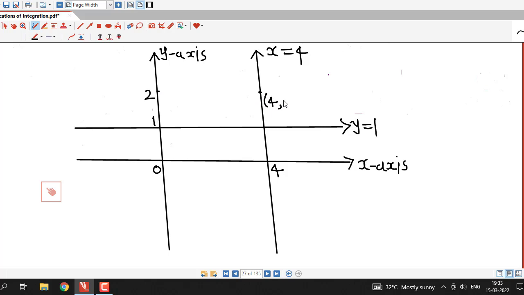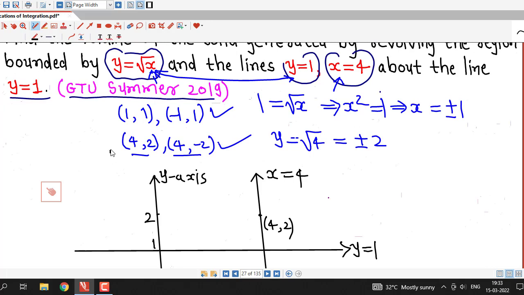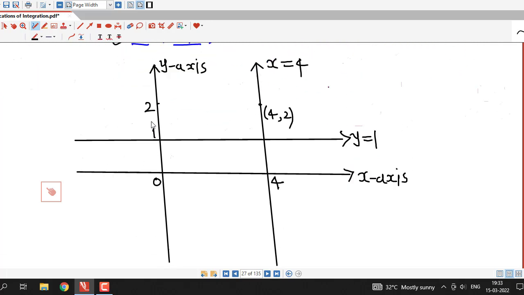This is the point (4, 2). (4, -2) will be below the x-axis, but we will not require that point. We will require (4, 2) and (1, 1) only. So (1, 1) will be somewhere here. This much distance is 2. So this is 1, and this point is (1, 1).